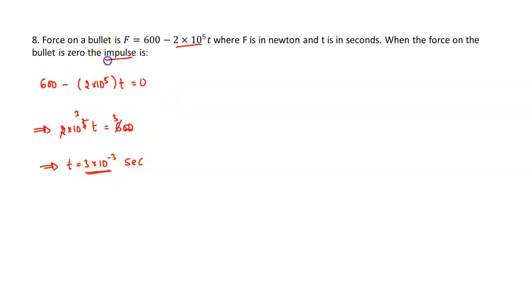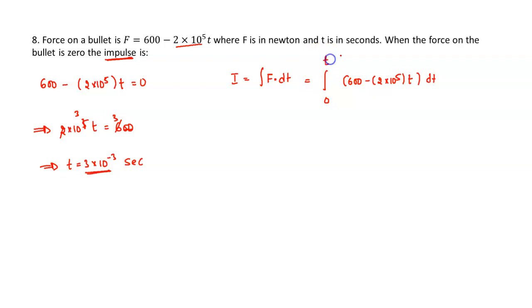We want the impulse acting on the bullet. Impulse is nothing but the integral of F dt. So here substitute the value of F, which is 600 minus 2 into 10 power 5 into t, into dt, with limits 0 to 3 into 10 power minus 3 seconds.